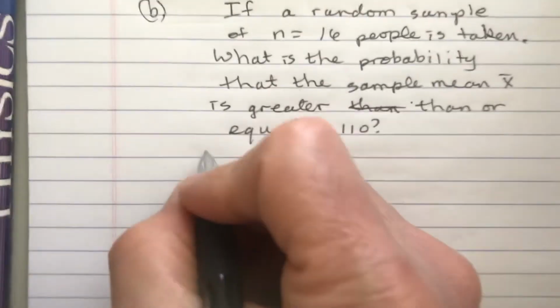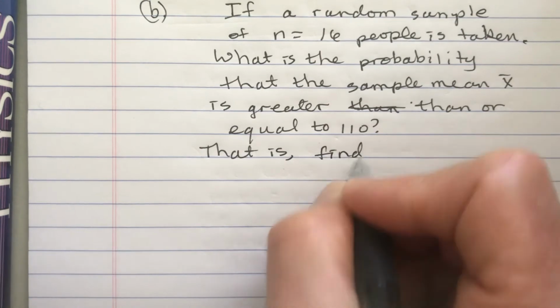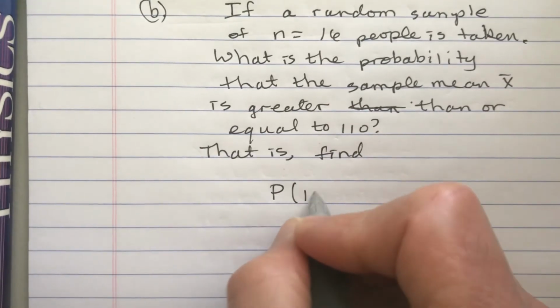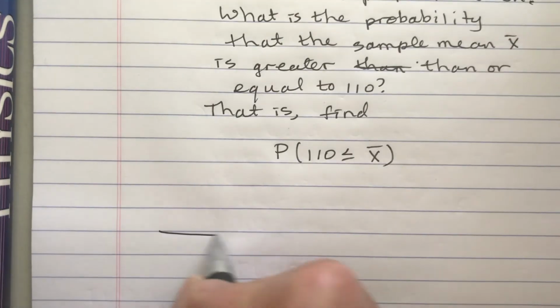So find the probability that x bar is greater or equal to 110.